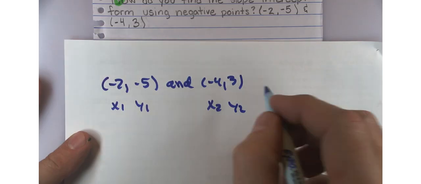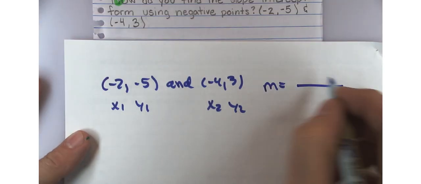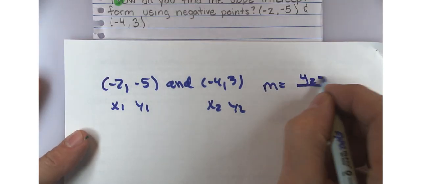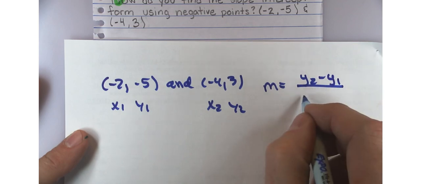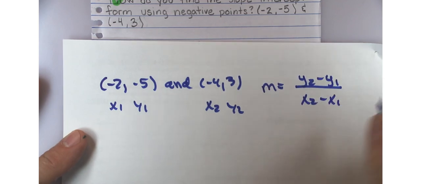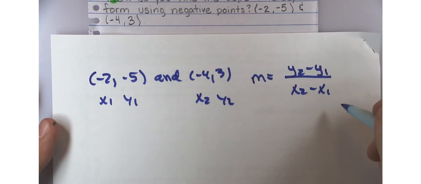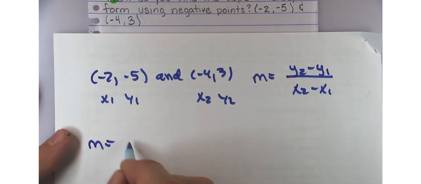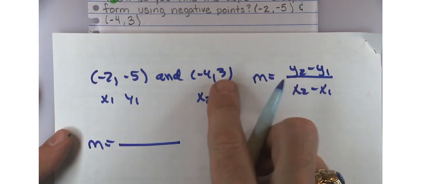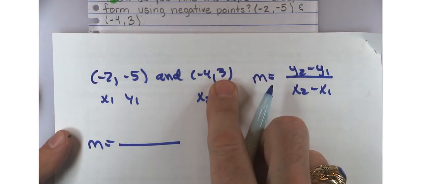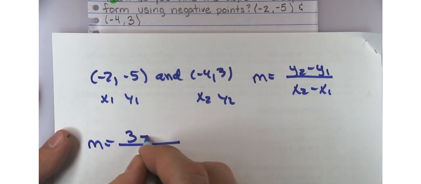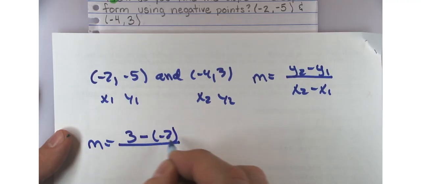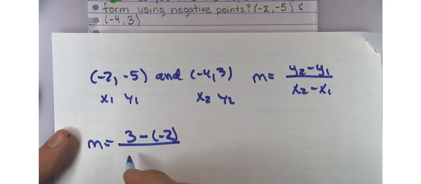To find the slope, I need to find the difference in the x's and then the difference in the y's. Make sure it's always the difference in the y's on top, difference in the x's on bottom. And we got to be a little bit careful here because of all these negatives. It's 3 minus -2.